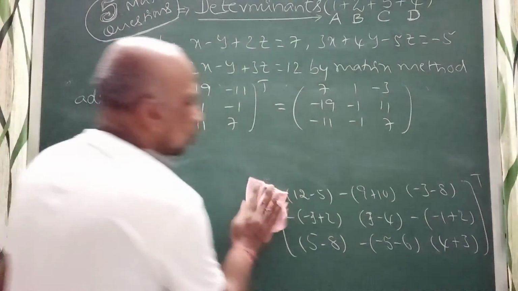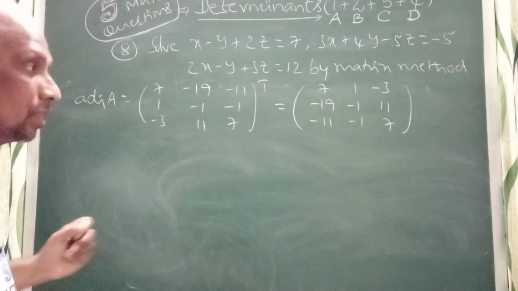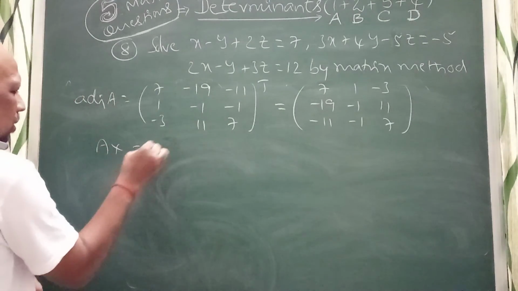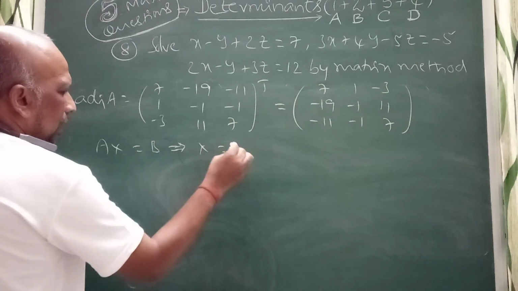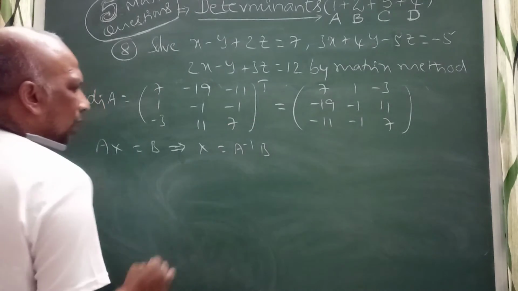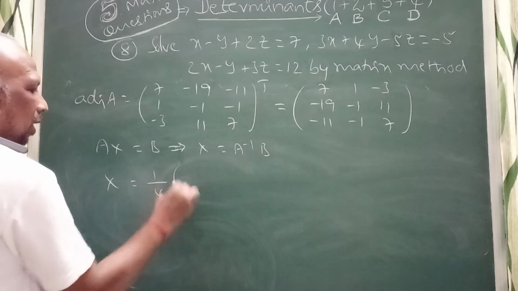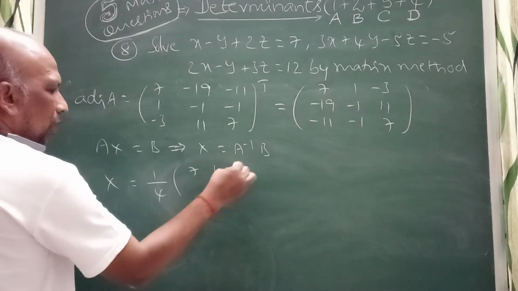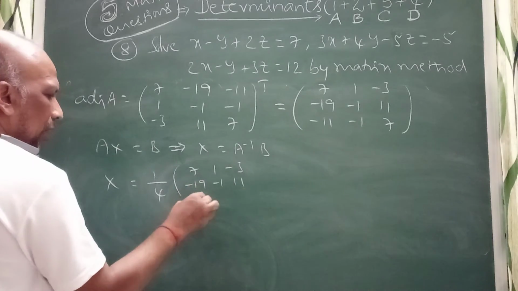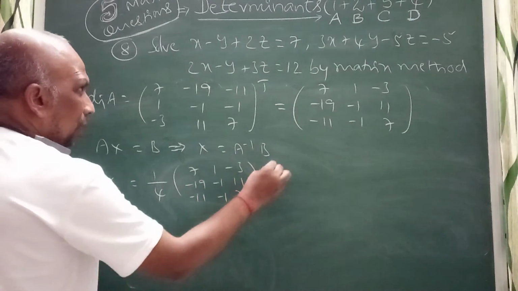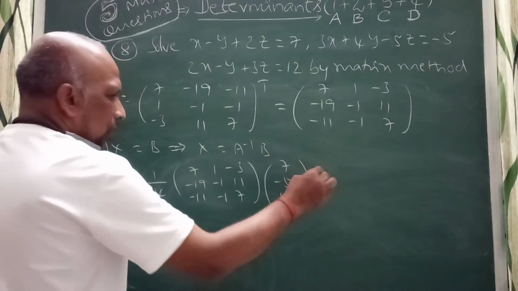Now we will solve the problem. From the given equations, when I have written A, X and B, I can write AX is equal to B, which implies X is equal to A inverse B. Now I can write X is equal to A inverse, 1 by det A into adjoint A. This is adjoint A: 7 1 minus 3, minus 19 minus 1 11, minus 11 minus 1 7, into B. B value 7 minus 5 12. 1 by 4.